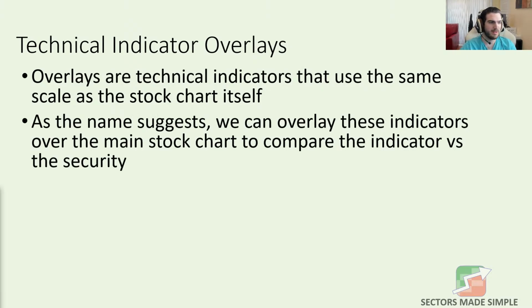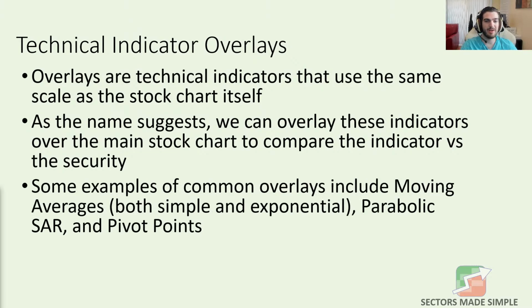Now, as the name suggests here, we can overlay these indicators on top of the main stock chart so that we can compare this overlay against the security. Some of the most common overlays that you might see are going to be both simple and exponential moving averages so that we can see the average price over a period of time.